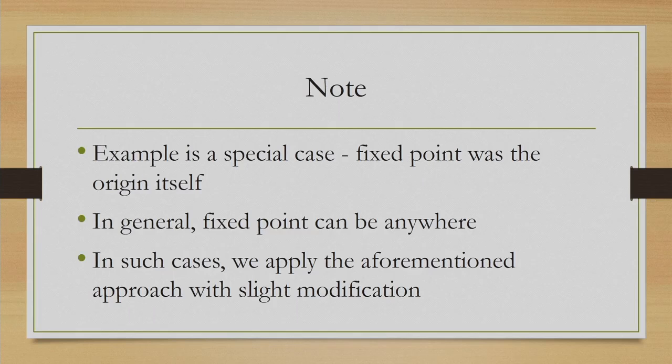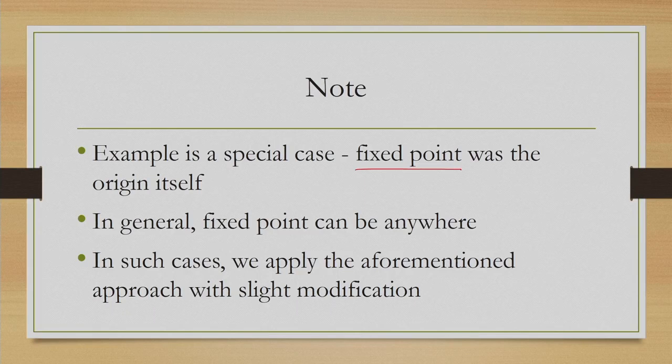Now, one thing should be noted here. When we applied scaling, we actually applied it with respect to the origin. So, origin is the fixed point in the example. However, that is not necessarily true. We can have any fixed point located at any coordinate in a coordinate system. So, in such cases what do we do?